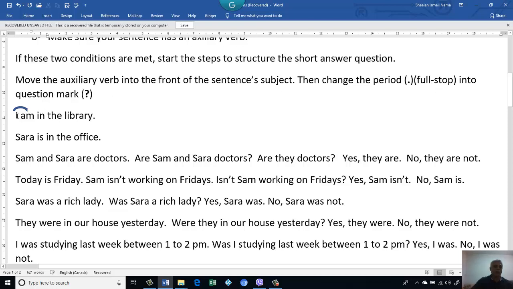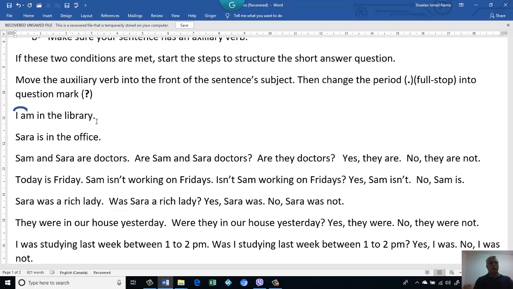For example, here, if we look at this sentence, I am in the library. If I want to make this a short answer question, first I have to check: do I have a subject? Yes, I have a subject. Do I have an auxiliary verb? Yes, I have an auxiliary verb. Then I move it.